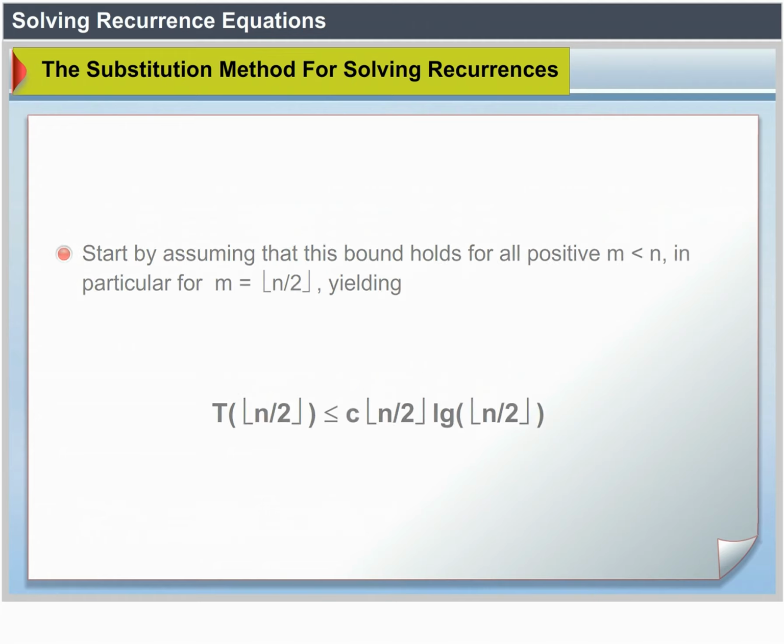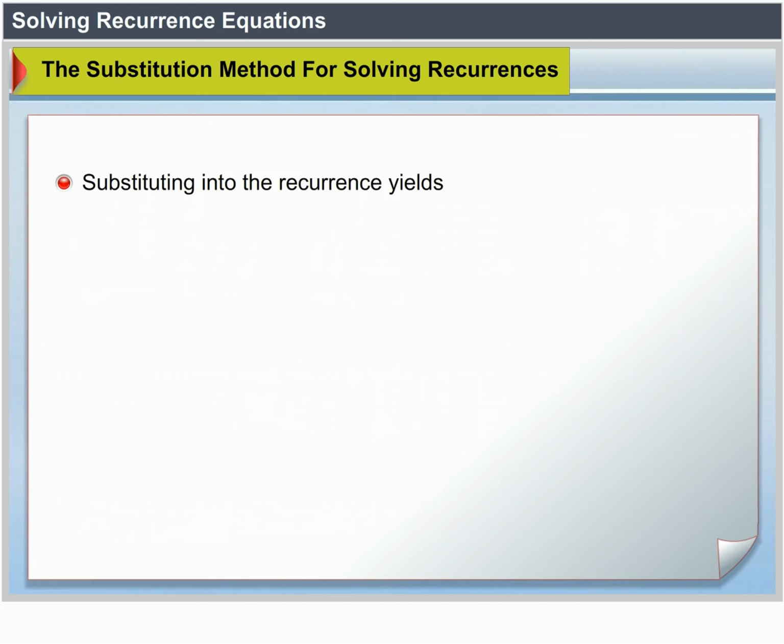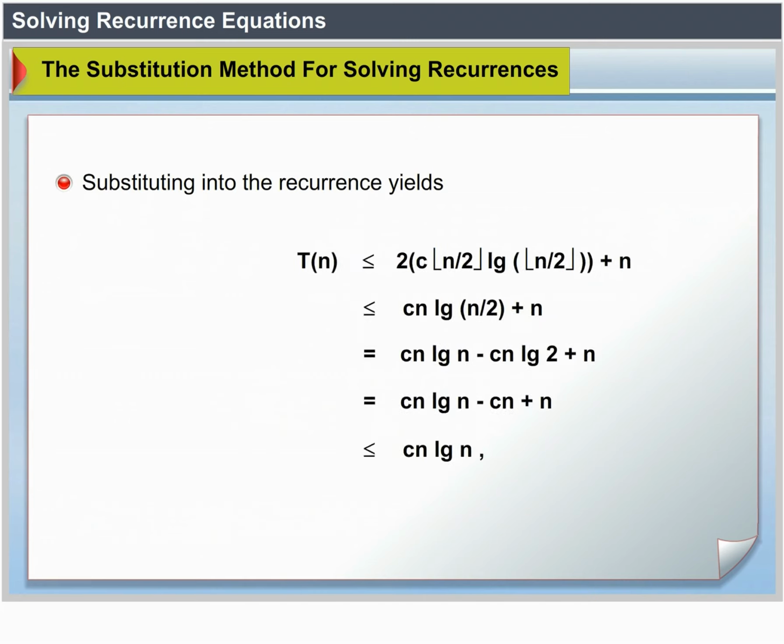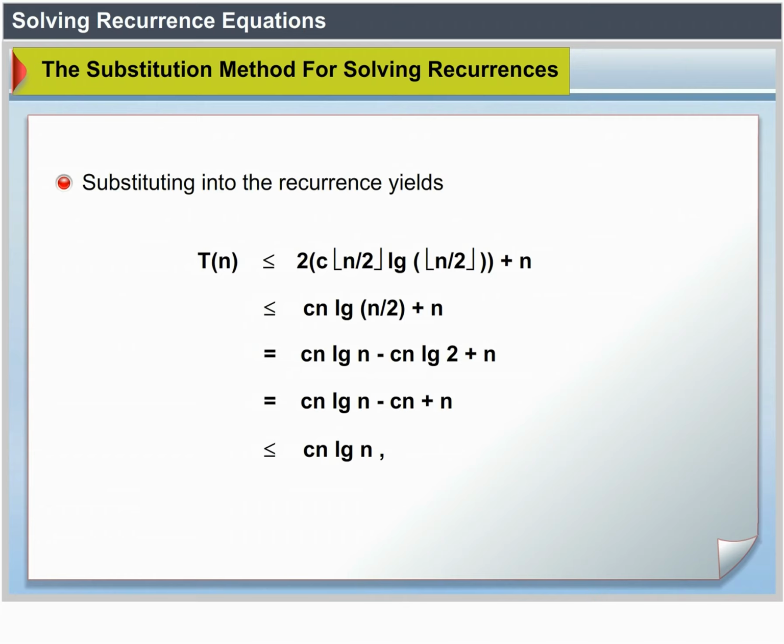Substituting into the recurrence yields T(n) ≤ 2(C floor(n/2) log floor(n/2)) + n. Finally, it gives ≤ Cn log n, where the last step holds as long as C ≥ 1.